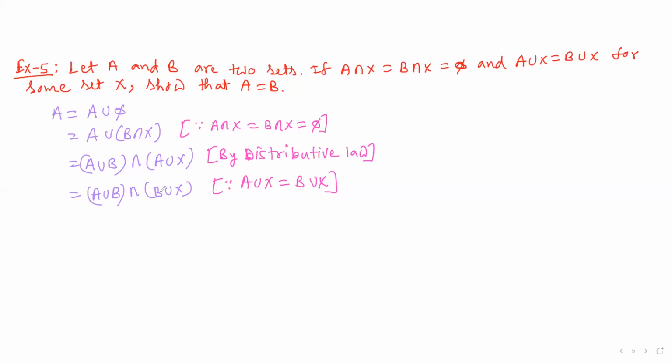Now B union X is equal to X union B according to the commutative law. A union B will remain the same, then intersection B union X, which we can write as X union B according to the commutative law. So here you will write by commutative law.